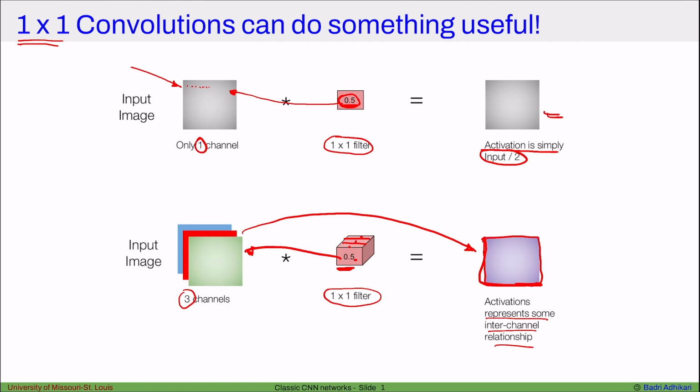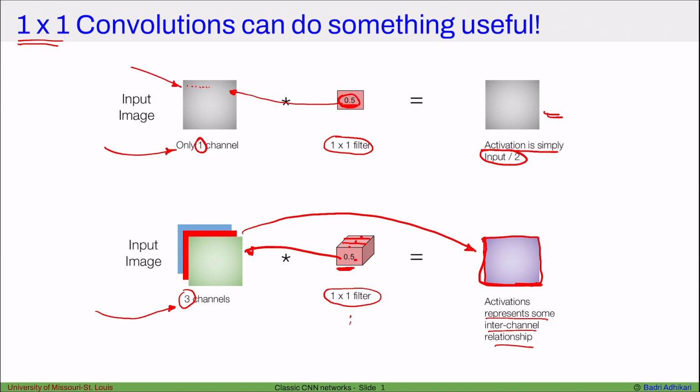So here, while one-by-one convolution is not meaningful if the input is only one channel, if the input has more than one channel, then one-by-one convolution can do something meaningful to the input image by shrinking the number of channels in the input. So your output may still lose some information, but it can do something meaningful.